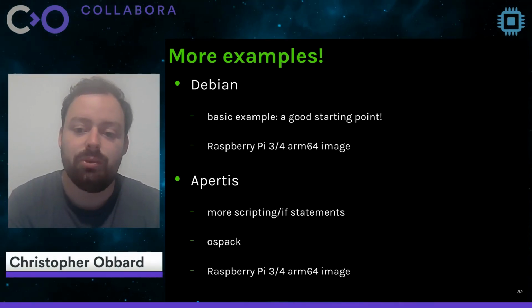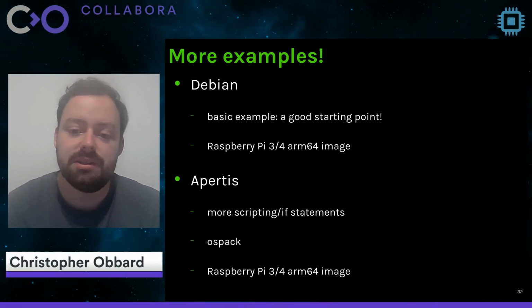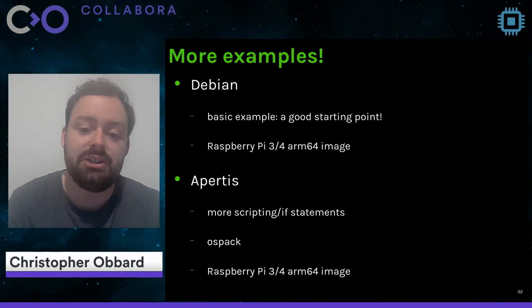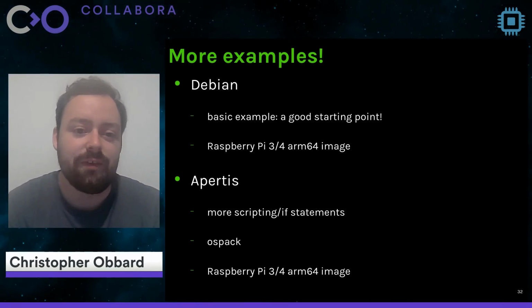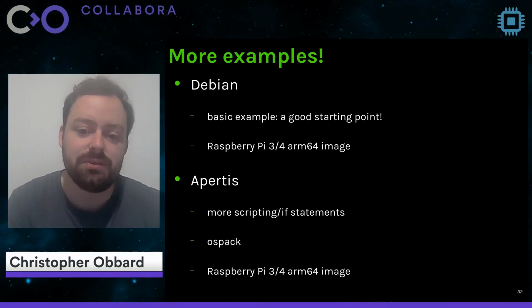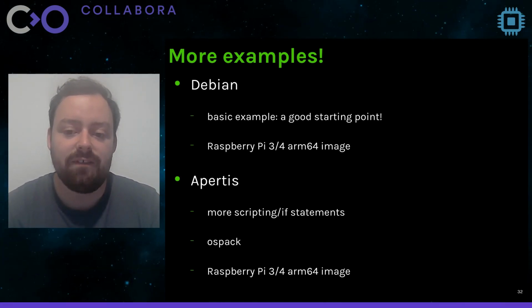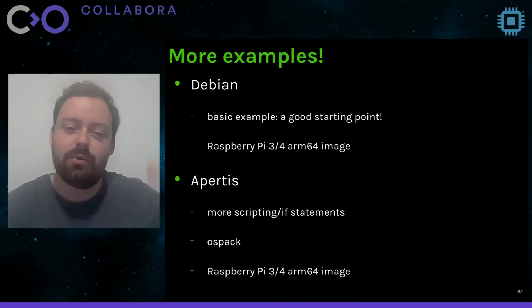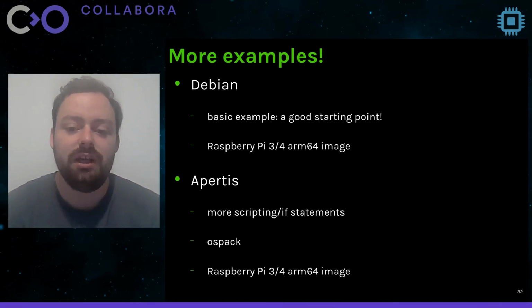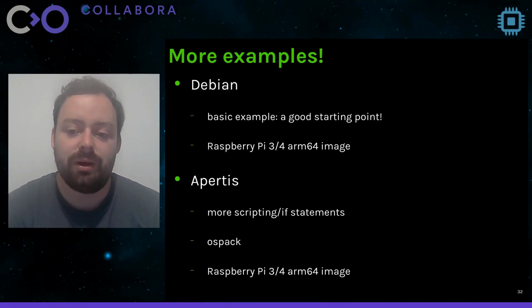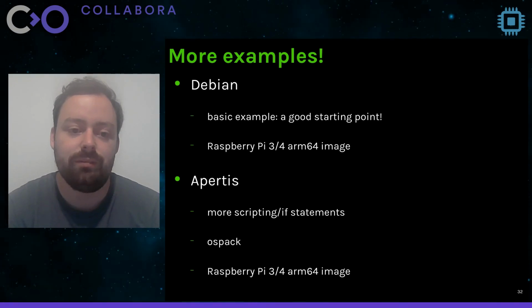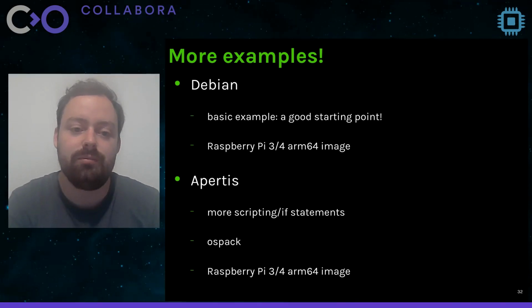These recipes have got more scripting in them and if statements. There's an OS pack image, which basically includes everything to create the operating system. And then on top of that, Apertis have a kind of hardware pack, if you like, which allows you to create a Raspberry Pi image in this example, but there are other example images for other targets as well.